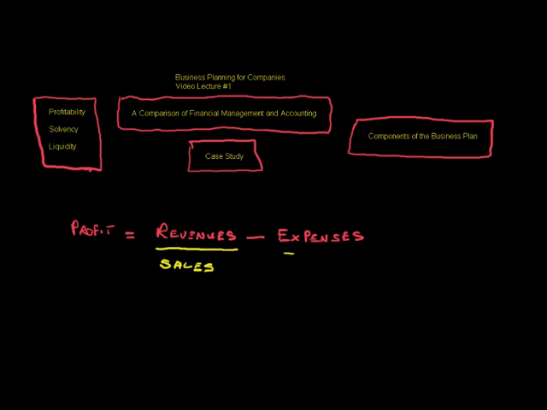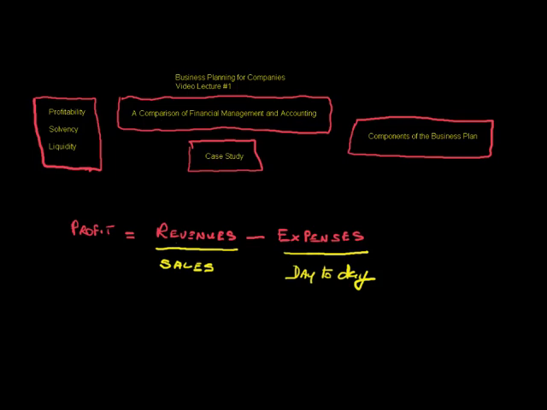Expenses then are the other types of figures that we're going to use in the profit calculation. And these are what we call day-to-day costs of running the business. So things like the materials, if we're producing goods, the materials that go into the goods, labour, wages that are paid to our staff, rent that might be paid, insurance, all those kind of day-to-day expenses.